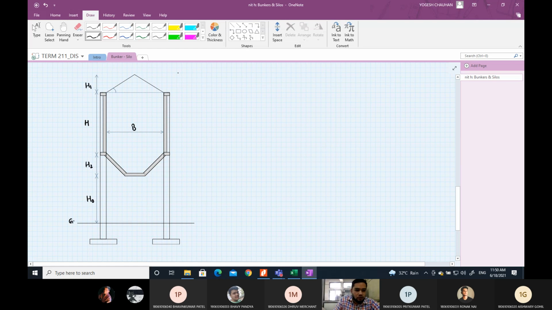This is ground level. This height is generally provided so that the vehicle can come beneath this and this bunker can be emptied.